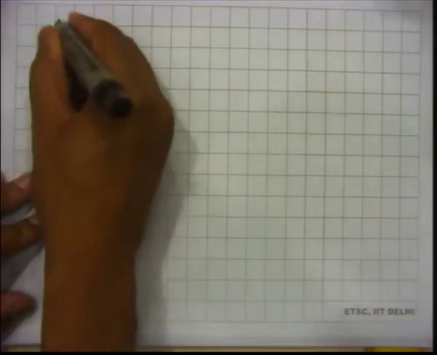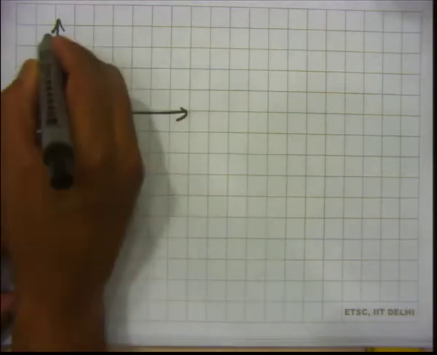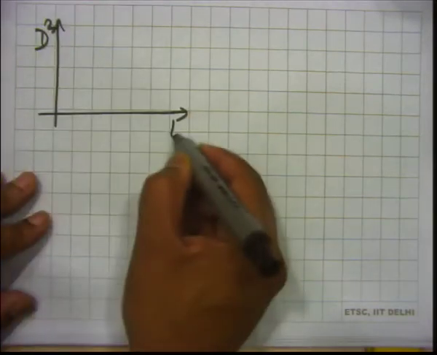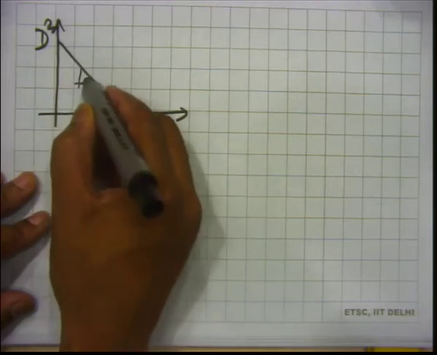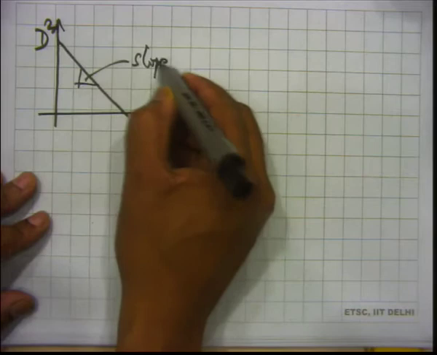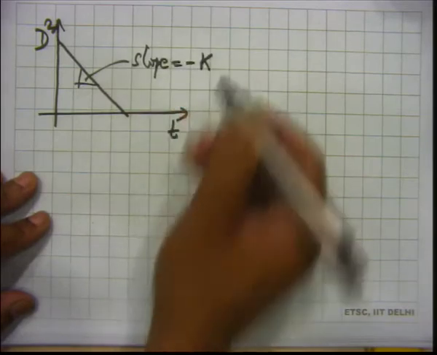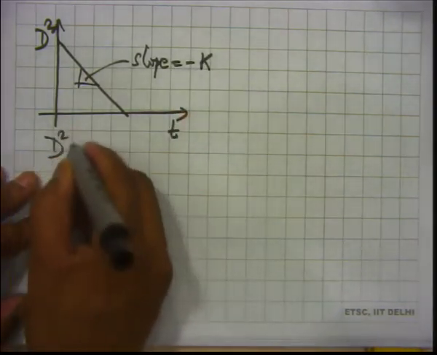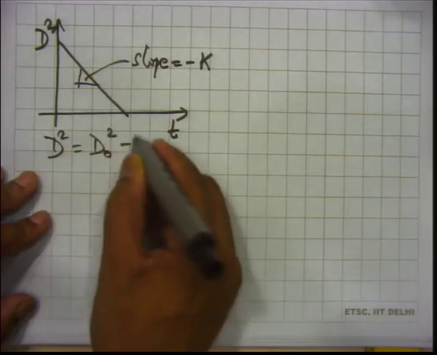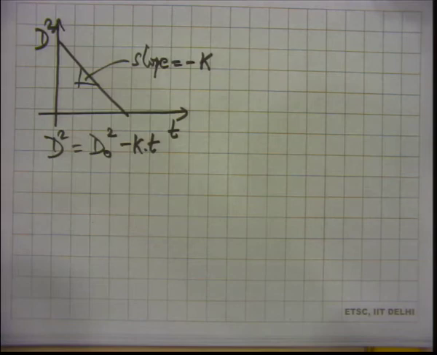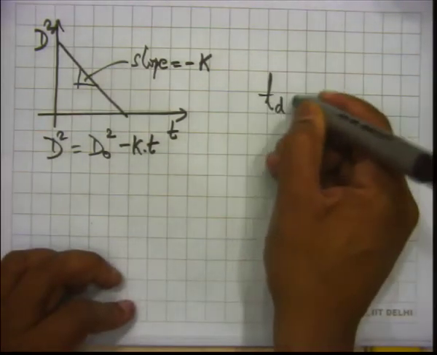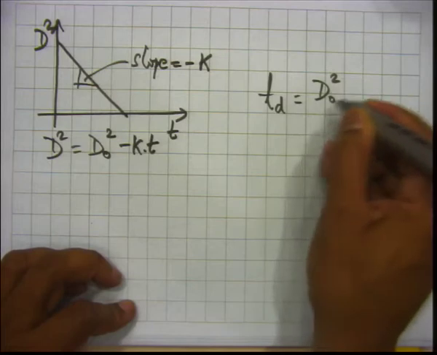If you want to plot that, you will get D squared as a function of time, and the slope is minus k. That's why you write D squared equal to D naught squared minus kt. So the droplet lifetime is of course D naught squared by k.